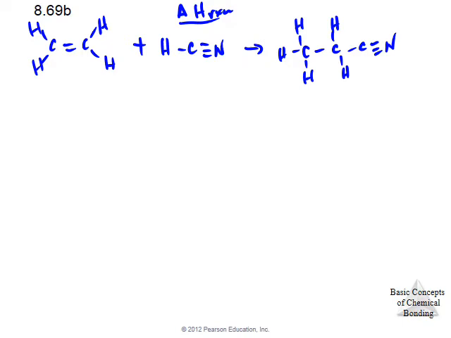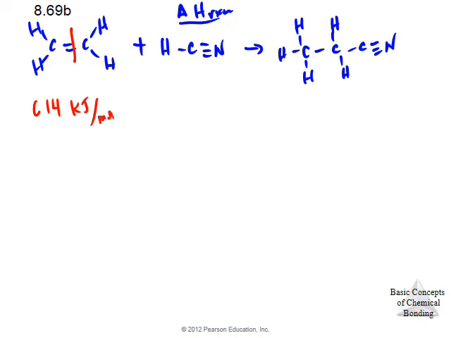No. So you need to break C double bond C on the left hand side. And in order to break that bond, you need to apply energy. So C double bond C has the energy of 614 kilojoule per mole. So let me write down that. 614 kilojoule per mole.